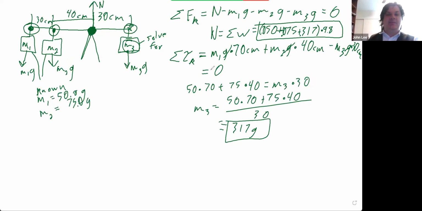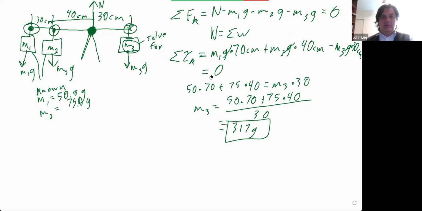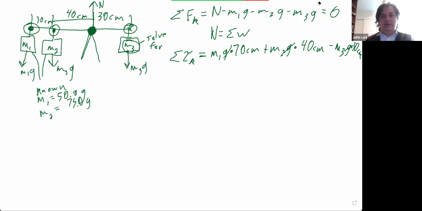I forgot something very important. In addition to all of these weights, you also have to worry about the weight of the meter stick itself, which is going to have some weight pulling down at its center of mass.